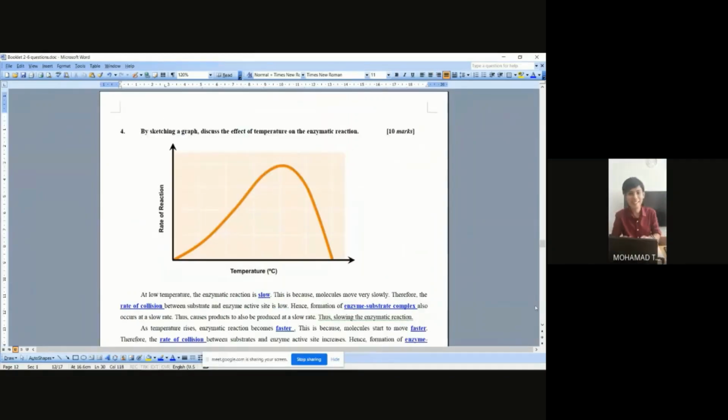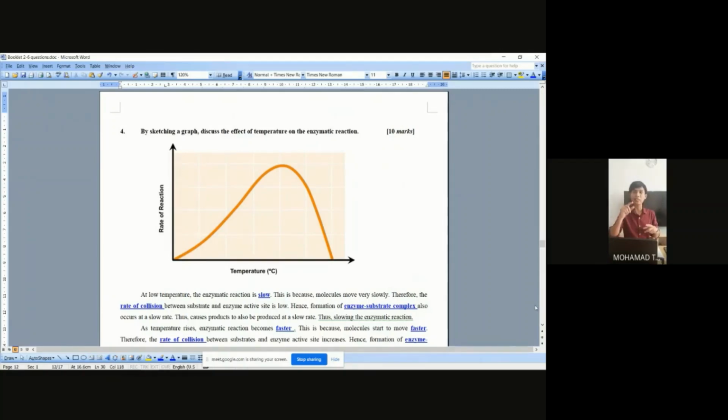Hi guys, I'm sorry. Satu lagi, saya nak tekankan shape of your graph. Saya terlupa nak sebut. Alright, I would just like to emphasize on the shape of your graph, okay? Because when it comes to graph, ada 2 graph yang boleh ada possibility untuk disuruh lukis. Satu graph temperature, and another one is graph for pH.